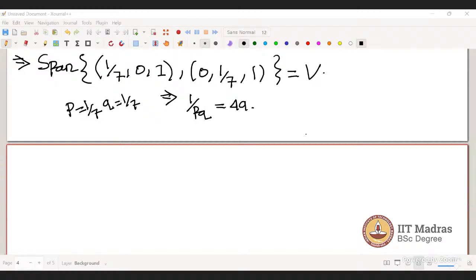You have asked some questions, sir. Please explain why n plus 1 vectors in a vector space are always linearly dependent. Yes, sir.